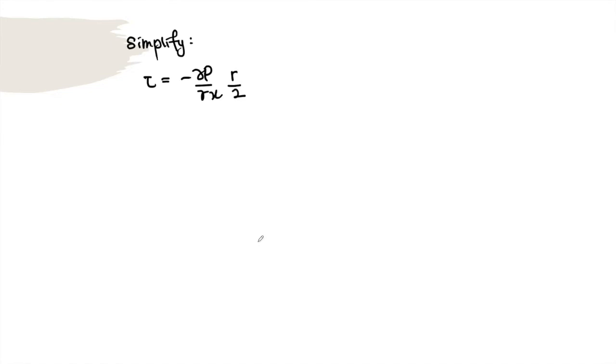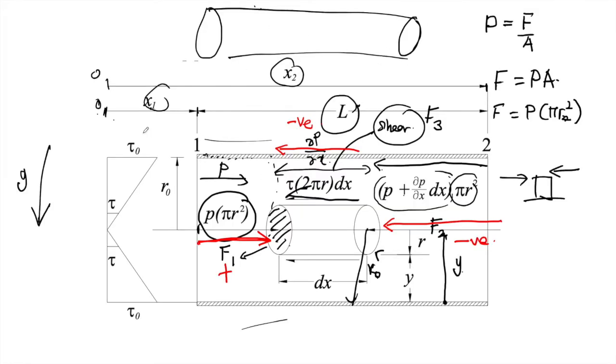From here, we know that if we substitute R equal to 0, we will get that the shear stress is 0 at the center of the pipe. So R equal to 0 is the center of the pipe. R will start from 0 at the center to the pipe wall.